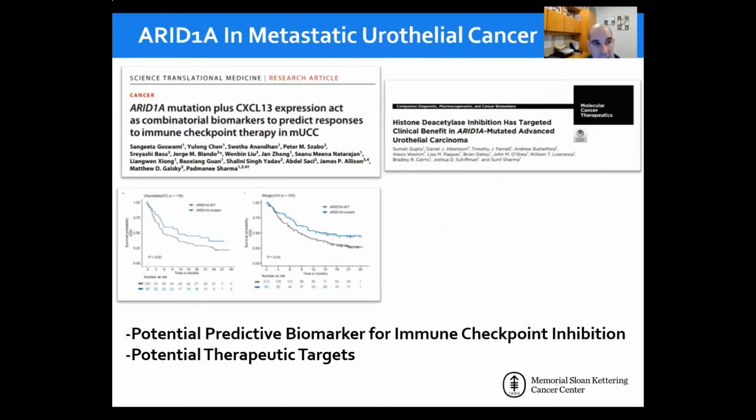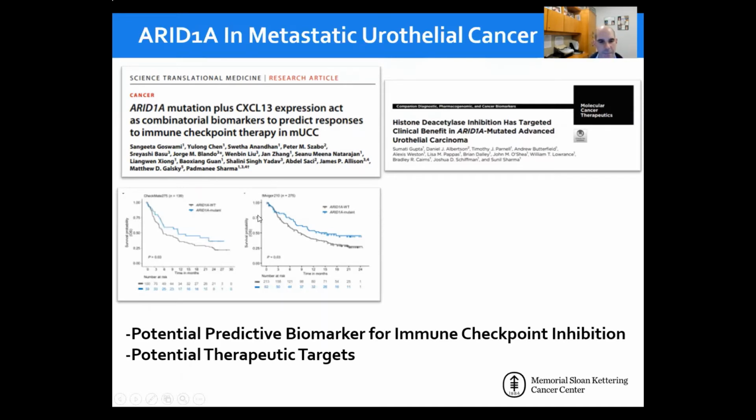In patients with metastatic disease, ARID1A appears to be associated with a favorable response to immune checkpoint inhibitors, which is quite interesting because BCG and immune checkpoint inhibitors are basically two different types of immunotherapies. But this is in two independent clinical trials of immune checkpoint inhibitors, in which patients with a mutant form of ARID1A tended to do better in the metastatic setting in these two independent cohorts.